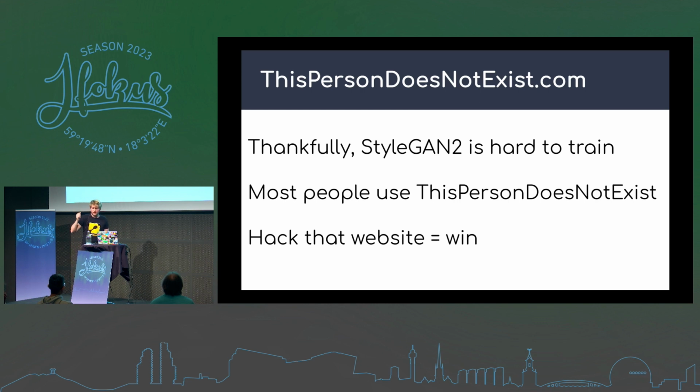So they will luckily use thispersondoesnotexist.com pretty much every time. So if we manage to hack that website, it would be a very good way to discriminate between fake and real users.